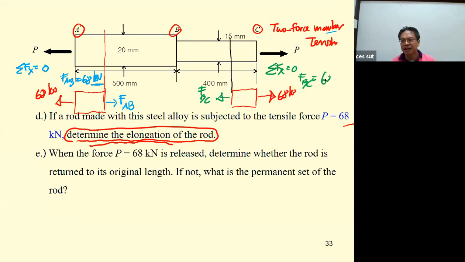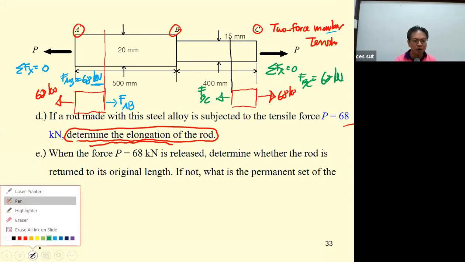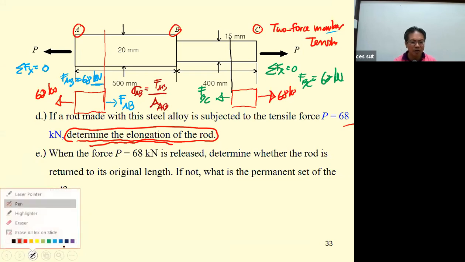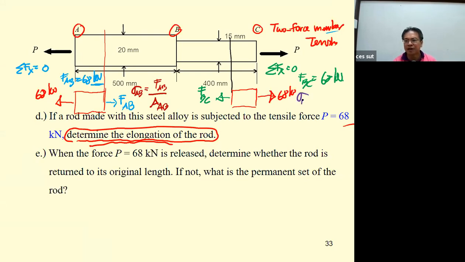F sub BC is 68 kilonewton. And then due to this, you can determine sigma sub AB. Will be what? Will be F sub AB divided by A sub AB. And also for this one, you have sigma sub BC equal to F sub BC divided by A sub BC.